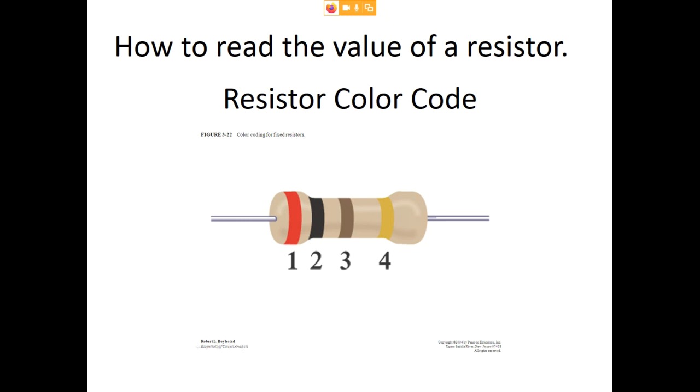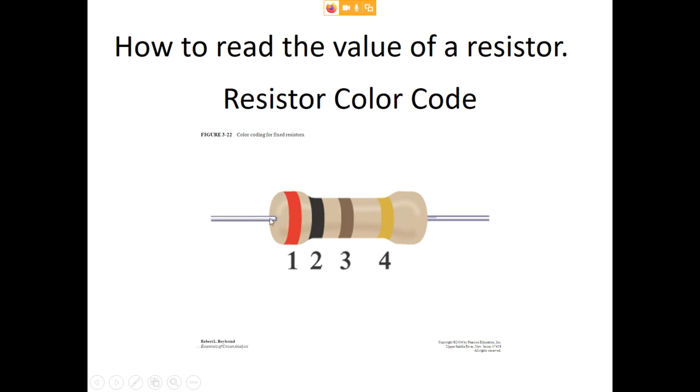So in this case, the example here I have, there's 4 stripes. Now notice the stripe number 1, the red stripe, is closest to the edge. And so that's how you can tell which side of the resistor you look at to figure out which stripe is number 1.